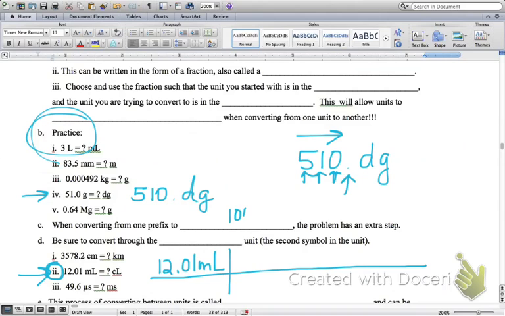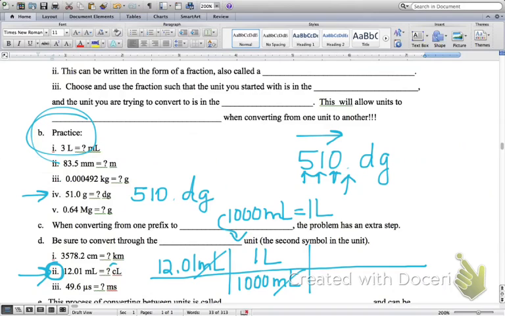There are 1,000 milliliters in 1 liter. So I would orient that equivalent statement into the form of a conversion factor and put the 1,000 milliliters on the bottom and 1 liter on the top. I chose this particular orientation so that the unit of milliliters would be able to cross out.